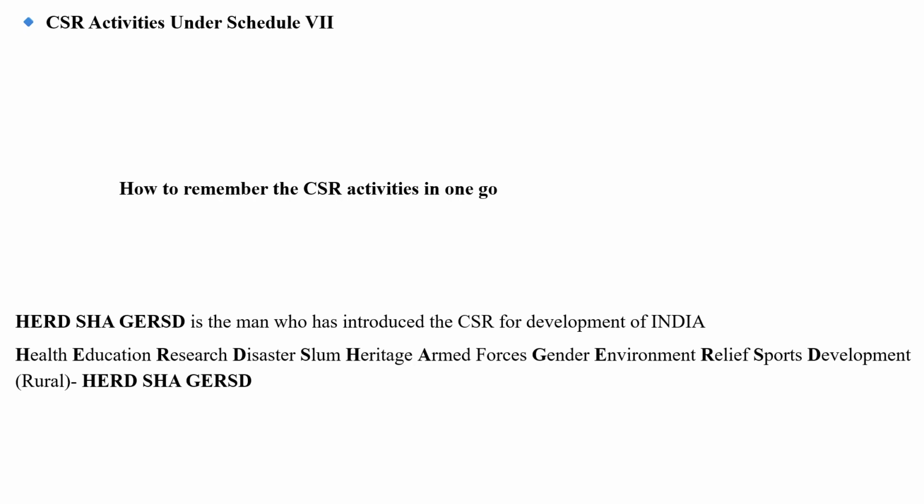H stands for healthcare, E stands for education, R stands for research, D stands for disaster, S stands for slum, H stands for heritage, A stands for armed forces, G stands for gender, E stands for environment, R stands for relief, S stands for sports, D stands for development, that is rural development, slum development, etc. So it is very easy to remember Horsa Jersad.